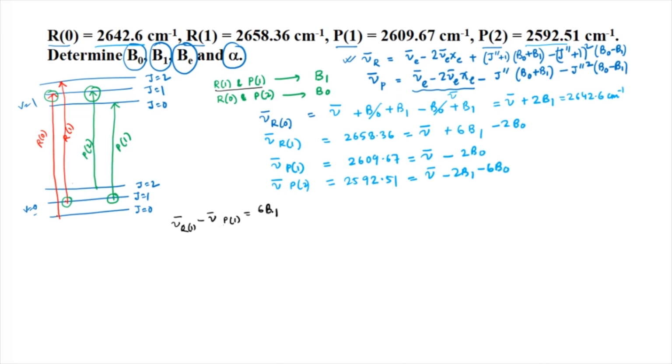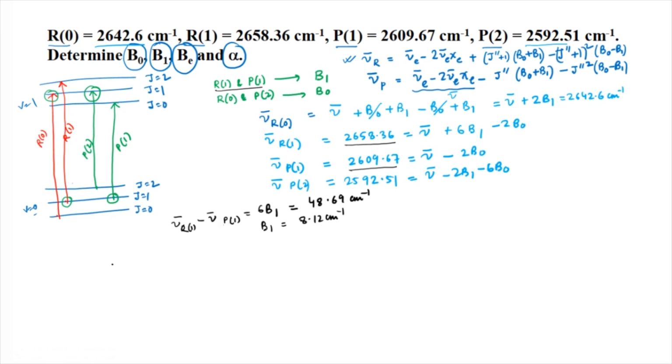And if we do the math for 6 B 1, because nu bar R 1 is 2658.36 and nu bar P 1 is 2609.67, the 6 B 1 equals 48.69 wave numbers, and so we can write B 1 equals 8.12 wave numbers.